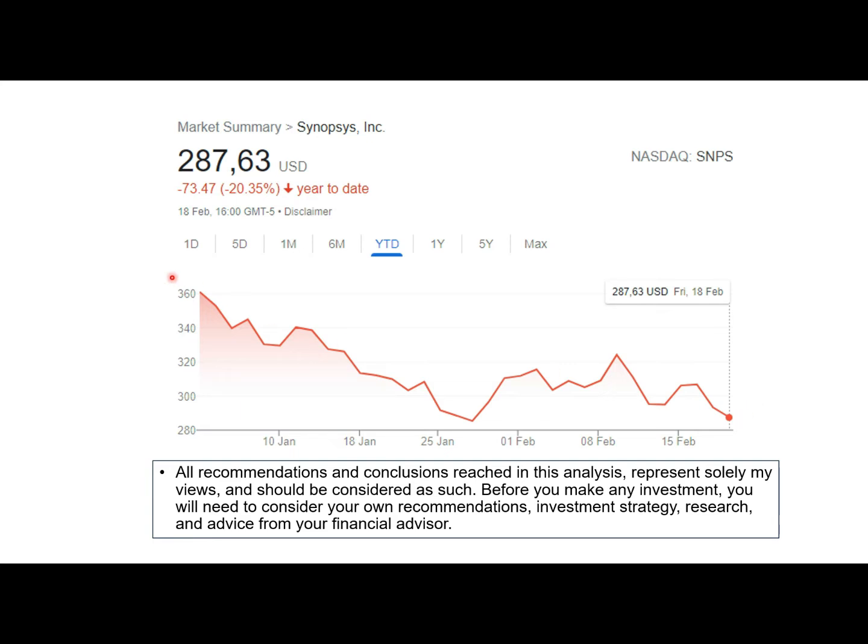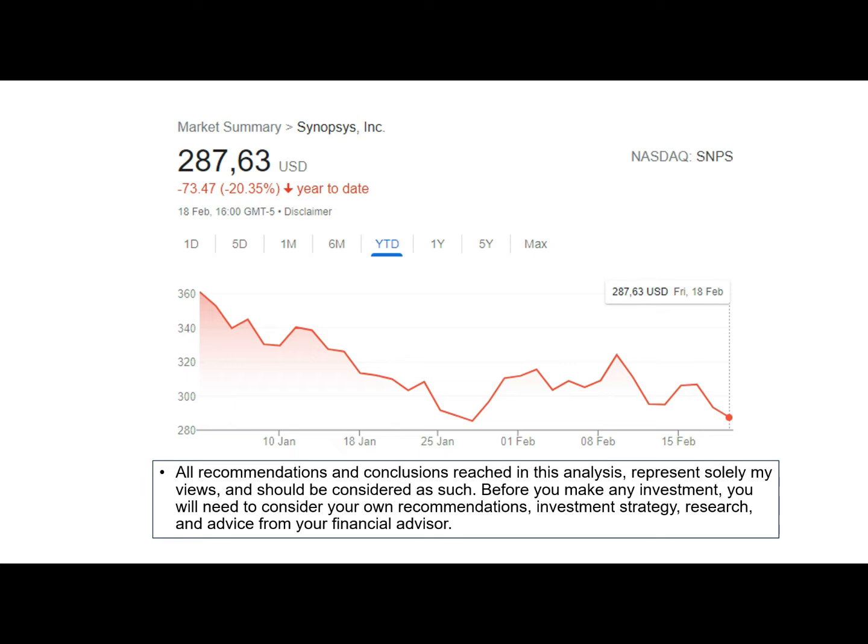I actually like this correction, because at 60 the PE is too high for me. But I mean, it is a very, very, very good company, but the PE is just too high. Yes, you're getting a lot for what you're buying, but the PE to me is just high.